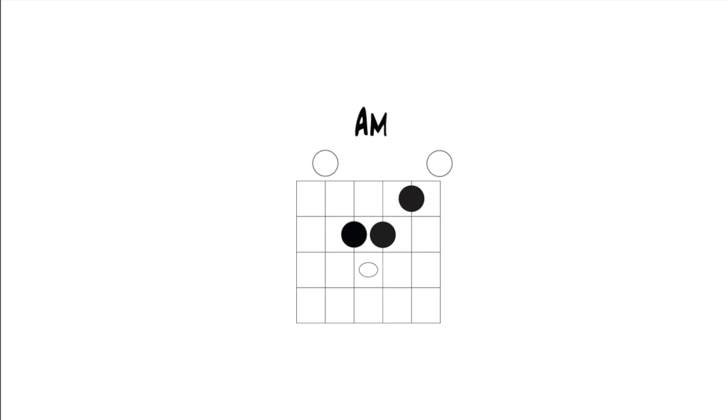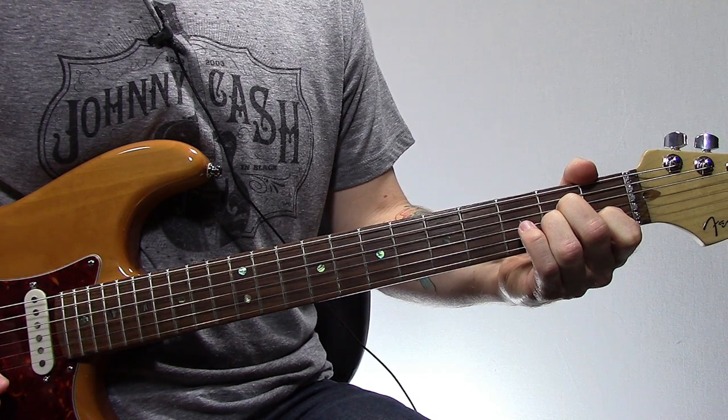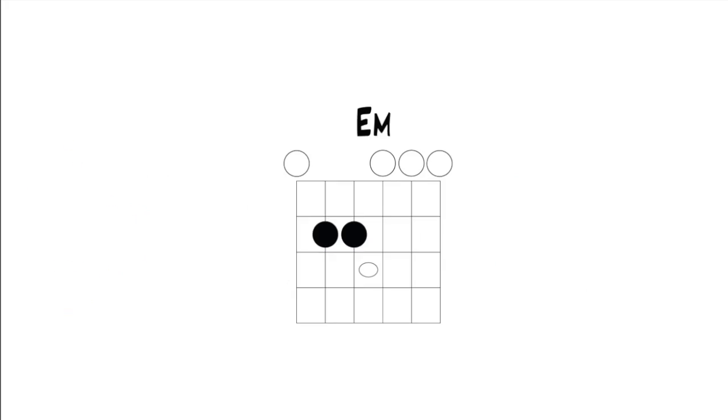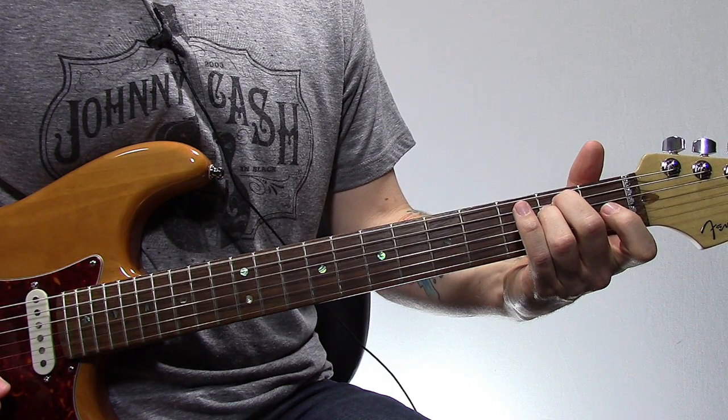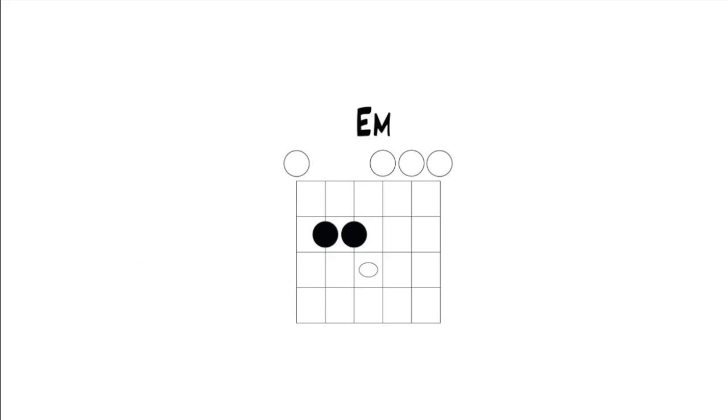That's your open A minor shape. Or we can get an E minor out of the G major scale. And so on. There's more chords we could get out of the G major scale, but those are some of the most basic open chords that you probably play already.